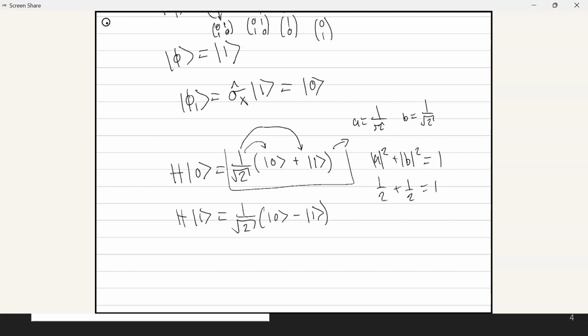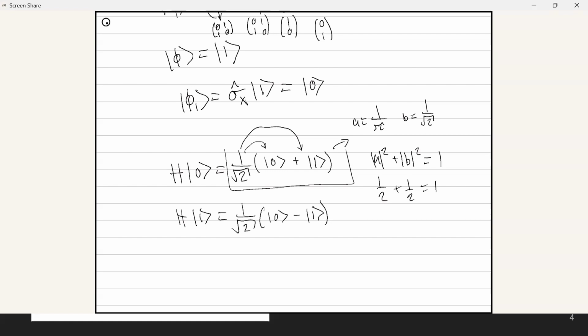Why would it be the sum of those two for 0? Why aren't we multiplying, doing the tensor product? Oh, you're saying right here?